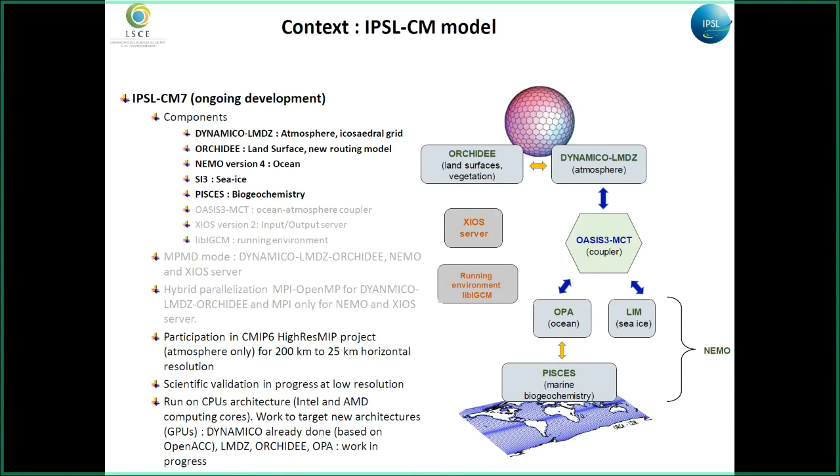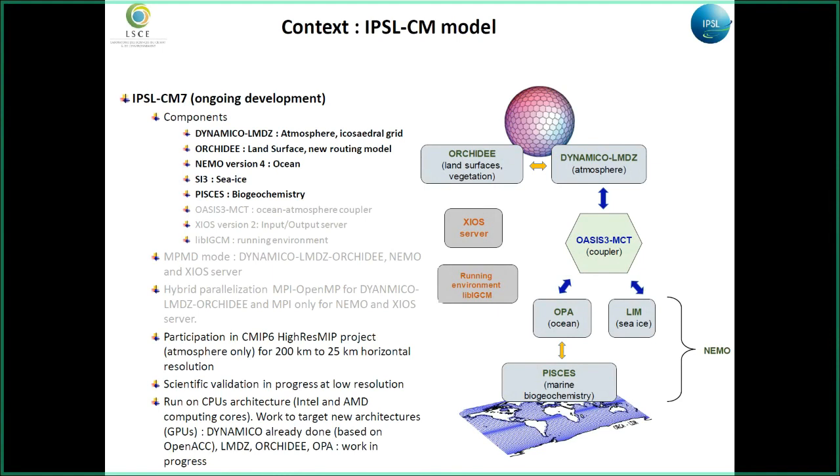ORCHIDEE will also run on an icosahedral grid, and we will have a new routing model to be able to use it in the land surface model on the icosahedral grid. We will use NEMO in its version 4 for ocean, and SI3 for sea ice, still PISCES for biogeochemistry.